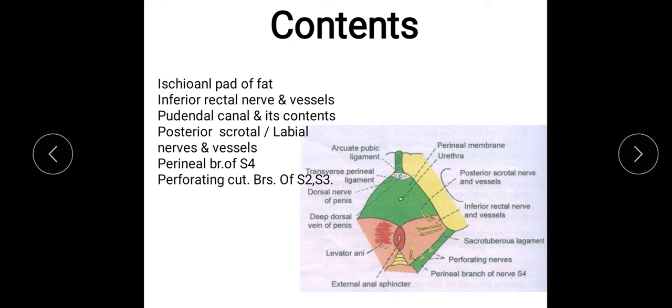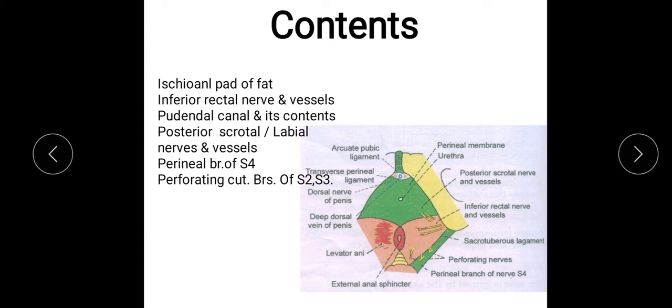Another content is the inferior rectal nerve and vessels, which enter the fossa from the lateral to the medial side, supplying the mucous membrane, external anal sphincter and skin around the anus. And the pudendal canal with its content lies along the lateral wall of the fossa.